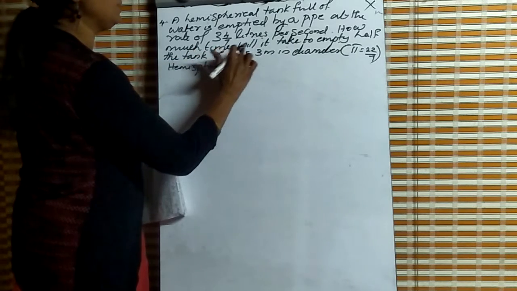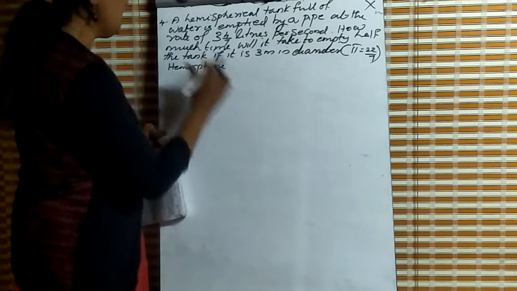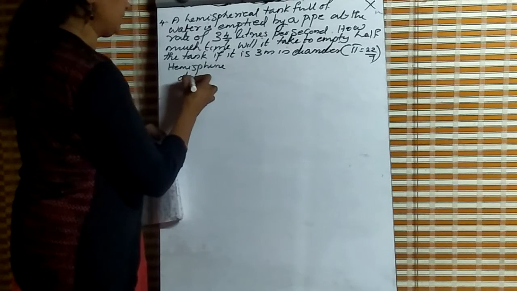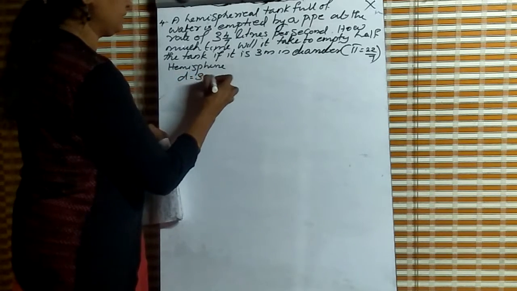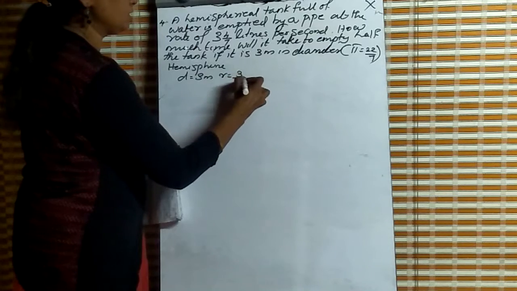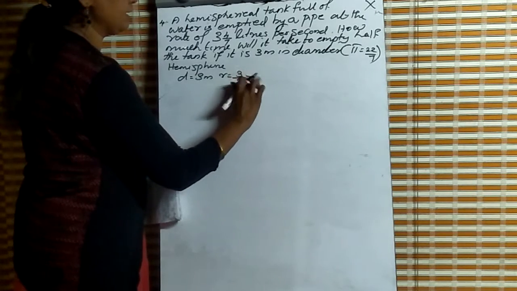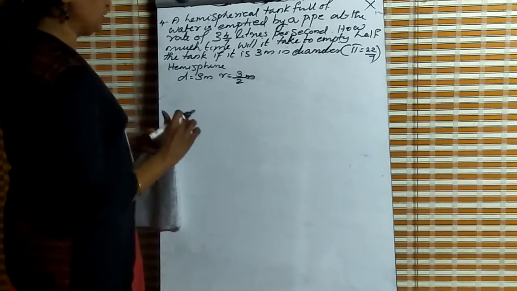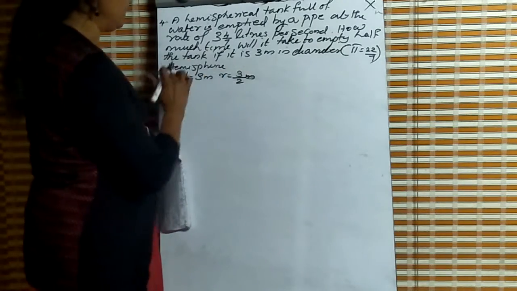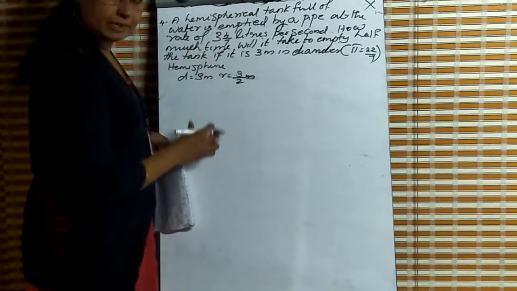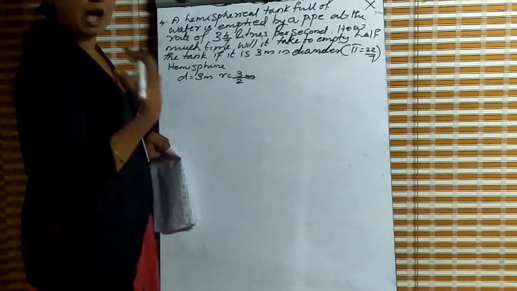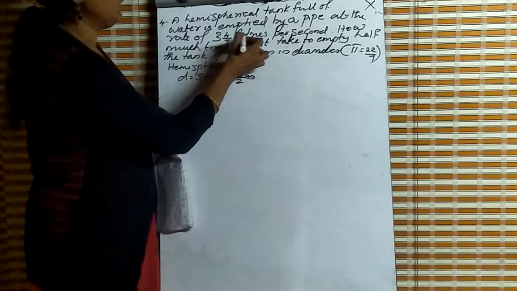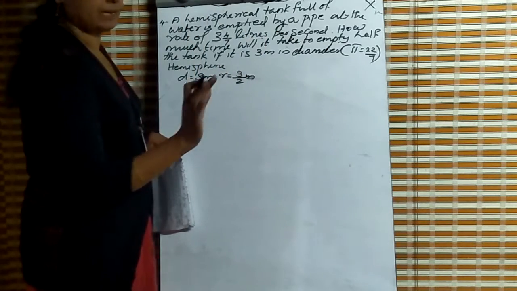How much time will it take to empty half the tank if it is 3 meter in diameter? Diameter 3 meter, radius is equal to 3 by 2 meter. Take pi is equal to 22 by 7. First we have to find the volume of this hemispherical tank, then find the half volume, then apply this 4/7 liters of water per second.